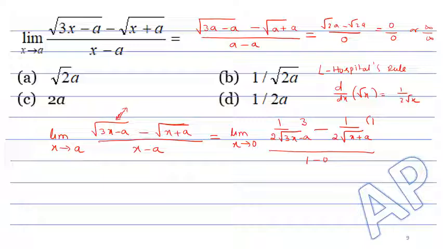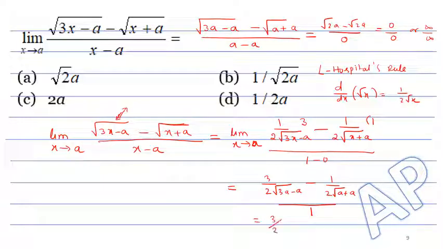The derivative of x is 1 and the derivative of a is 0. So now if you apply the limit as x tends to a, I have 3 by 2 root of 3a minus a minus 1 by 2 root of a plus a, divided by 1. So now we can simplify this.